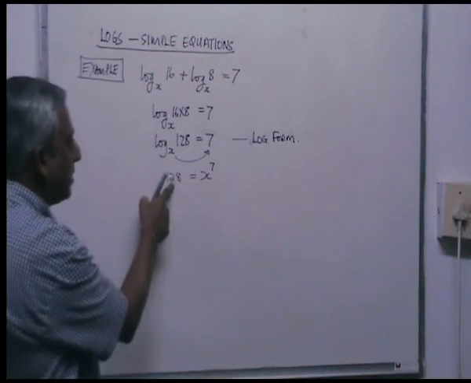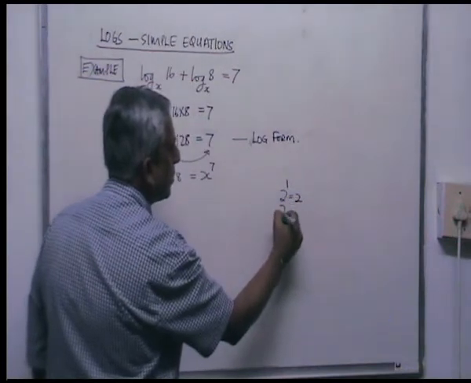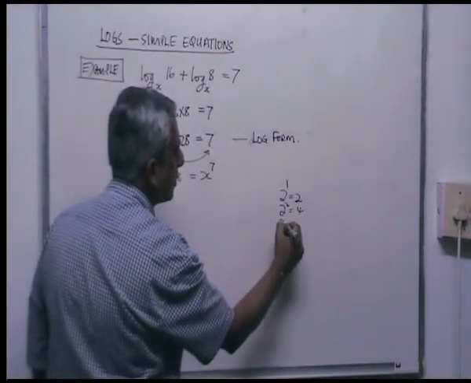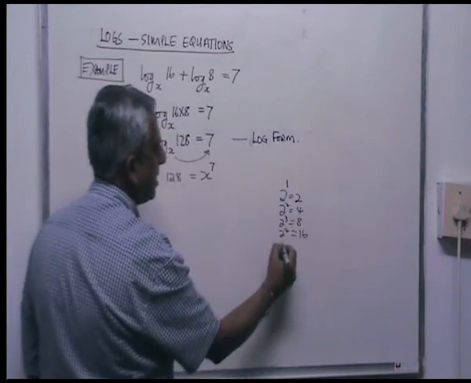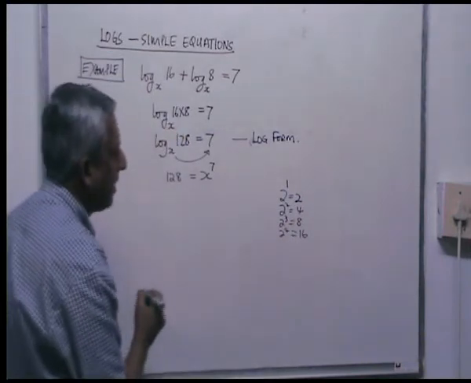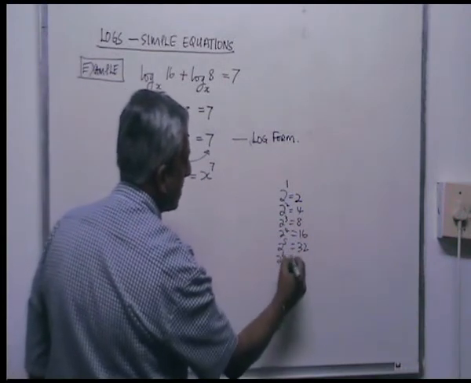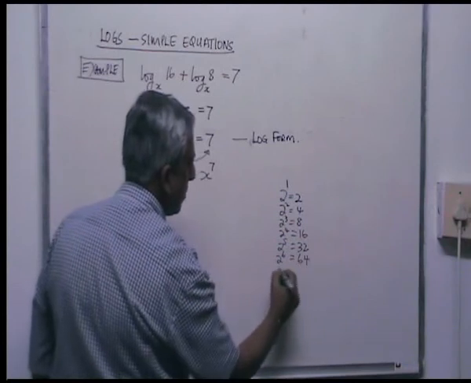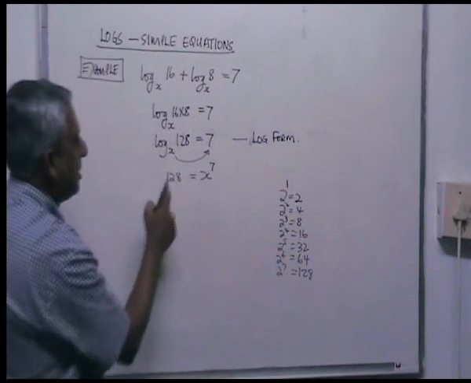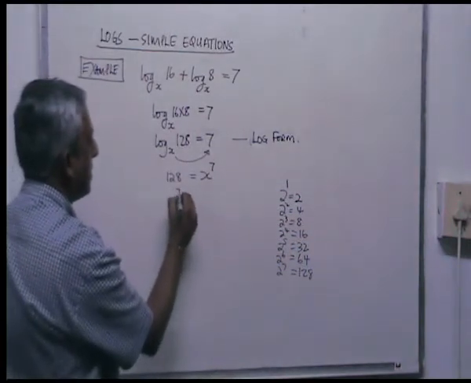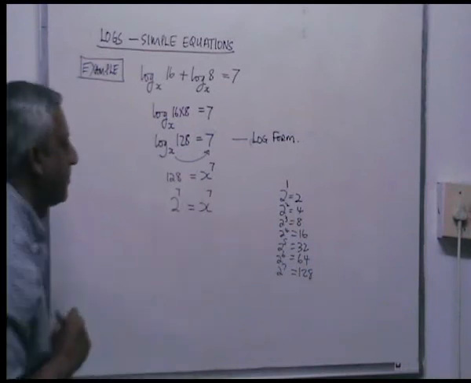If you take powers of 2, 2 to the 1 is 2, 2 to the 2 is 4, 2 to the 3 is 8, 2 to the 4 is 16, 2 to the 5 is 32, 2 to the 6 is 64, 2 to the 7 is 128. So this is really 2 to the 7 is equal to x to the 7.